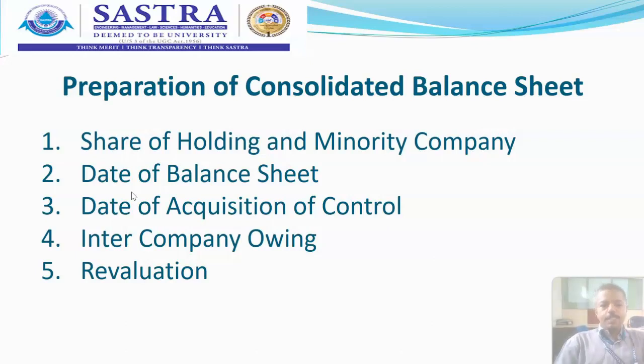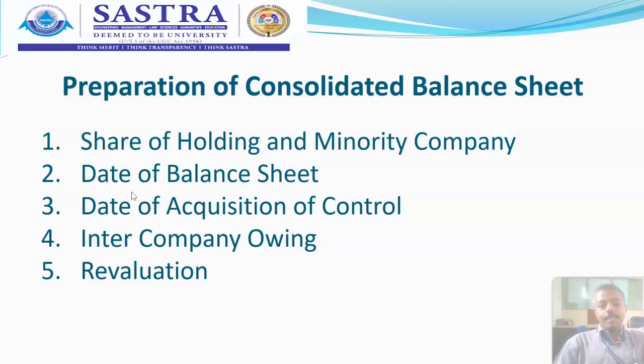And the fifth point is the revaluation of fixed assets as on the date of acquisition. When we calculated the valuation of shares and the valuation of goodwill, we took the realizable value of assets, not the book value or cost of the asset.